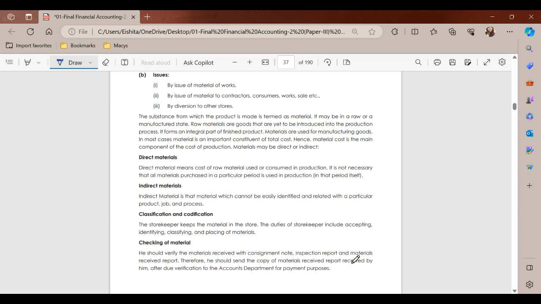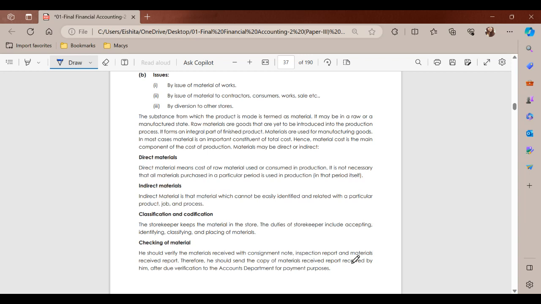So in this there are four options. One option can be wrong in the question. The duties of the storekeeper will include accepting first, identifying second, classifying third, and fourth is placing of material.